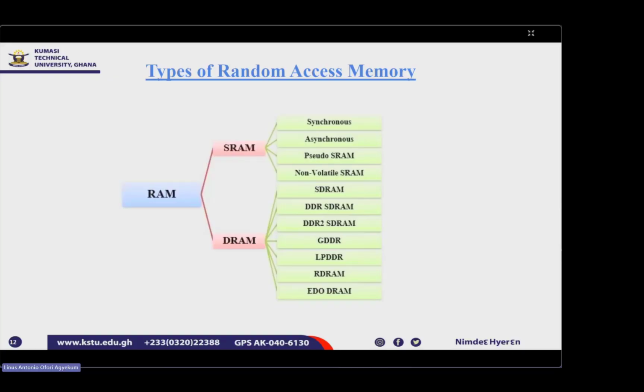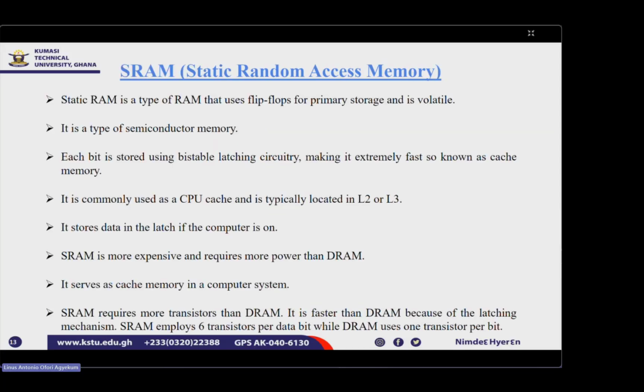We have the GDDR, the LPDDR, the RDRAM, and the EDO RAM. So we're going to look at these one after the other.